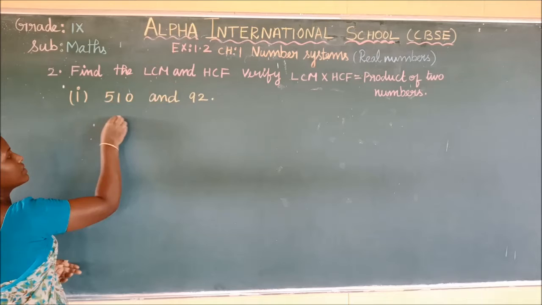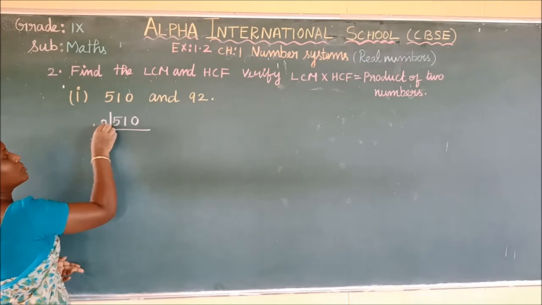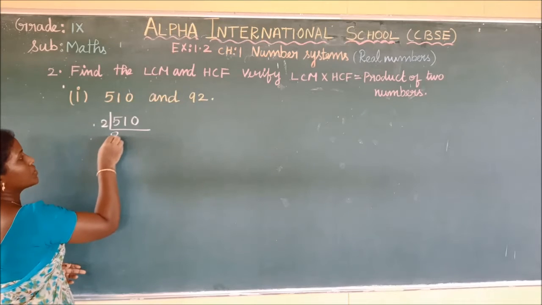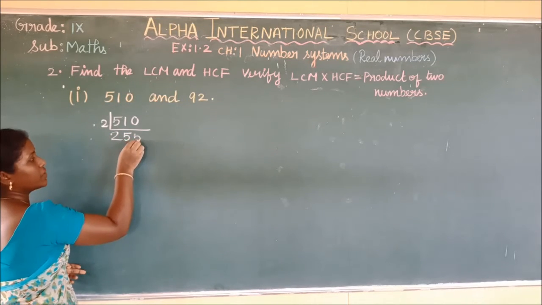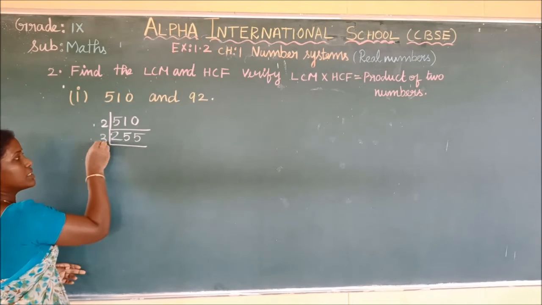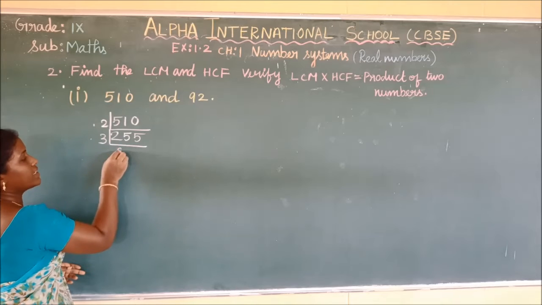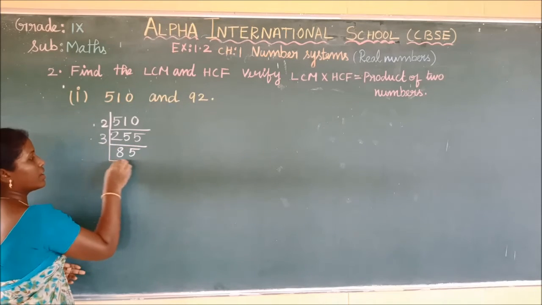So 510 is possible to divide by 2. 2 5s are 10. Again, 5 is not possible to divide by 2, so choose 3. 3 8s are 24, remainder 1, and 3 5s are 15.